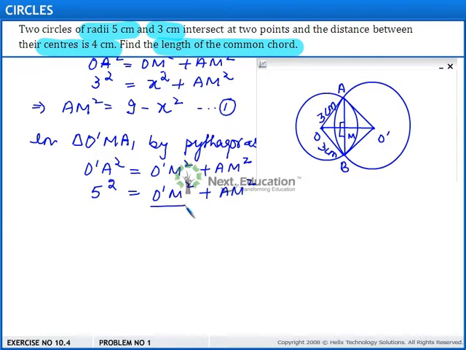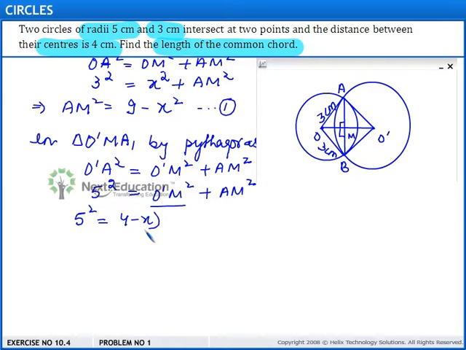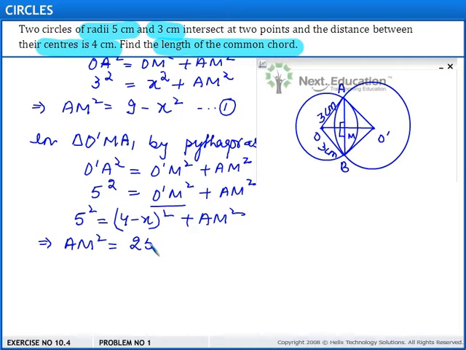Now O dash M is 4 minus x. So we have 5 square is equal to 4 minus x whole square plus AM square, which implies that AM square is equal to 25 minus 4 minus x whole square. Let us denote this by equation number 2.